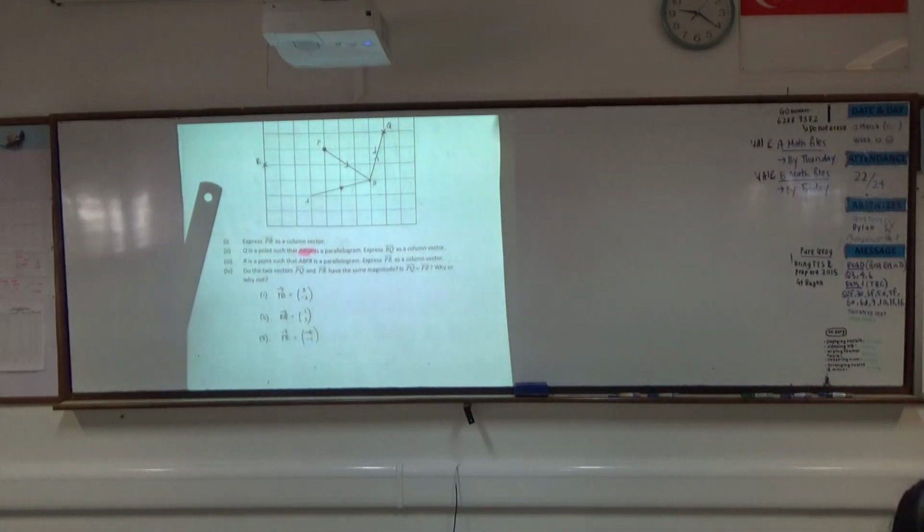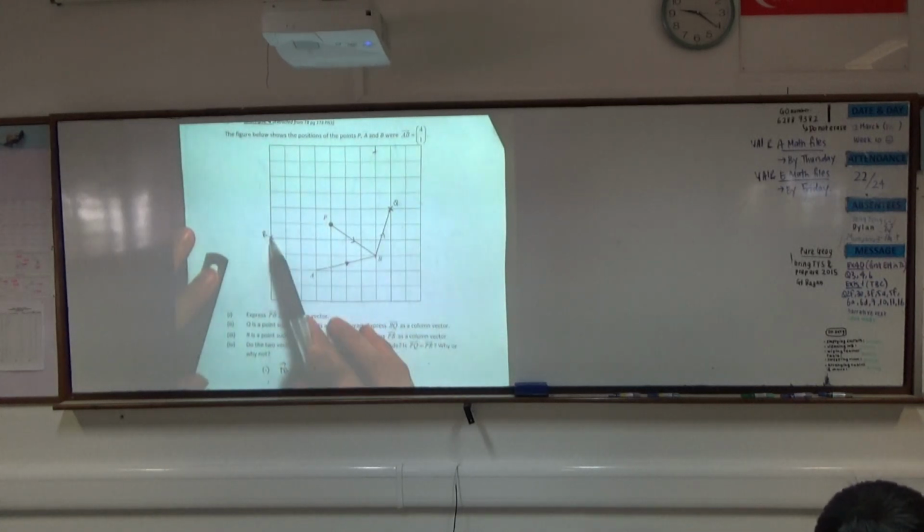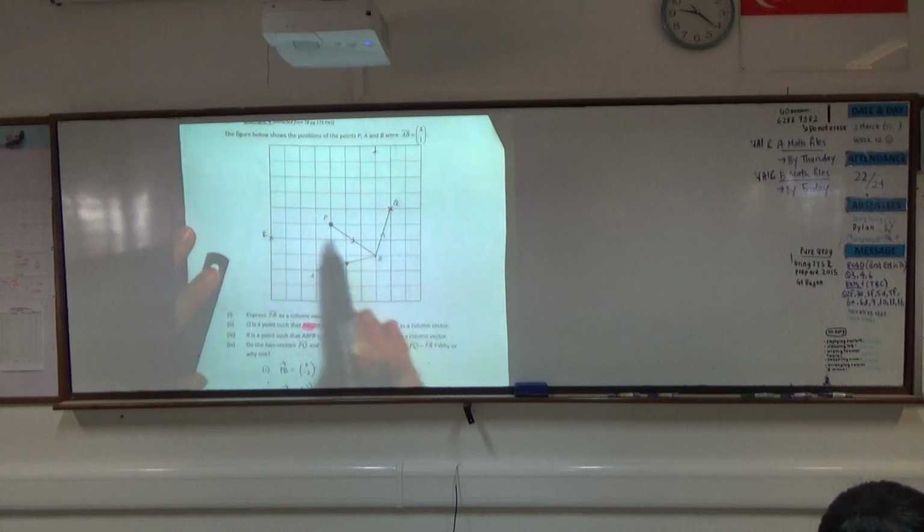Then in part 4, you are asked, do the vectors PQ and PR have the same magnitude? PQ is this one here, PR is here. We notice that because ABPR is a parallelogram, the line AB must be the same length as the line RP.